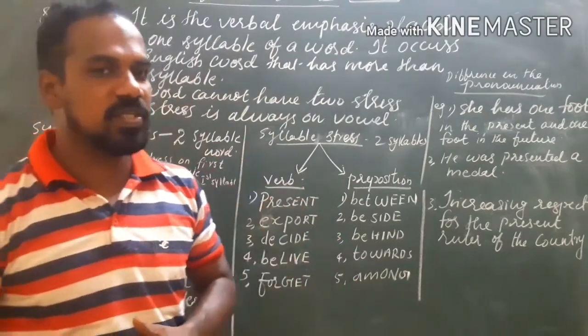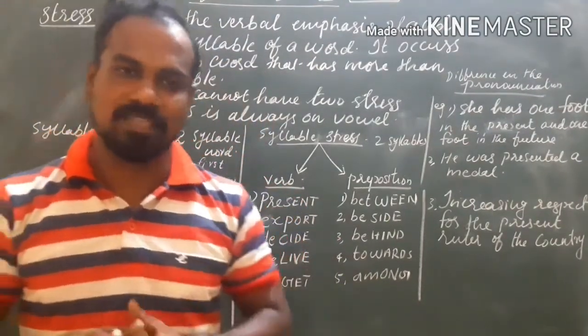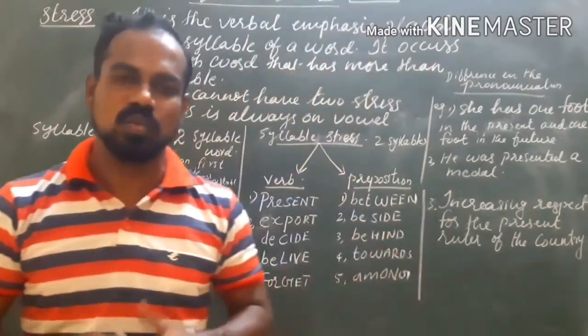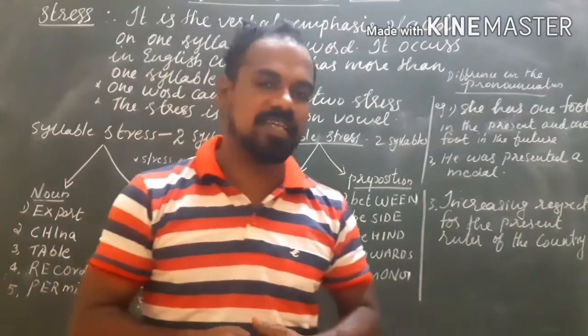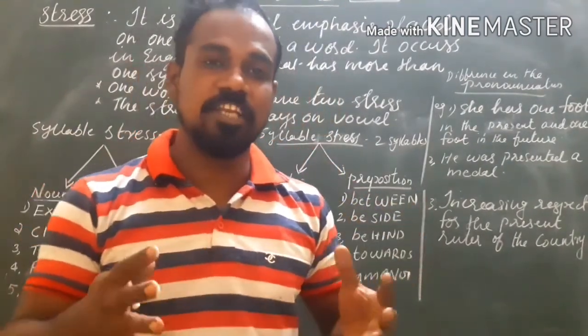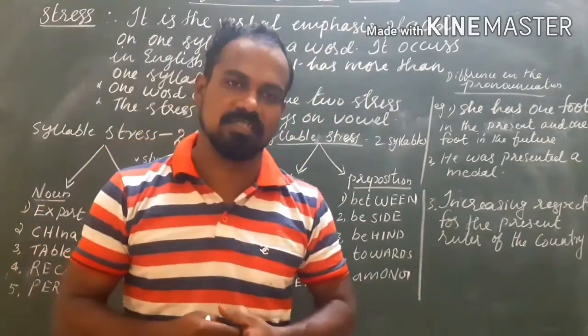In my previous video I explained how to divide a particular word into syllables. Those who have not seen it may please go through those videos. And here once again I shall tell you one tip on how to identify how many syllables a word has.